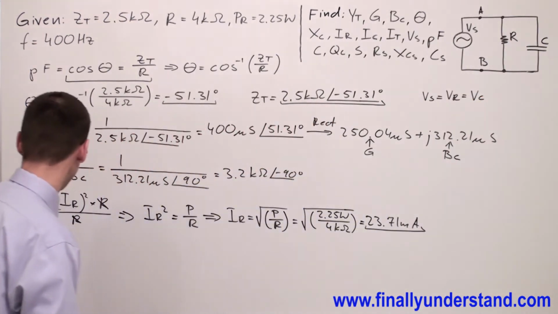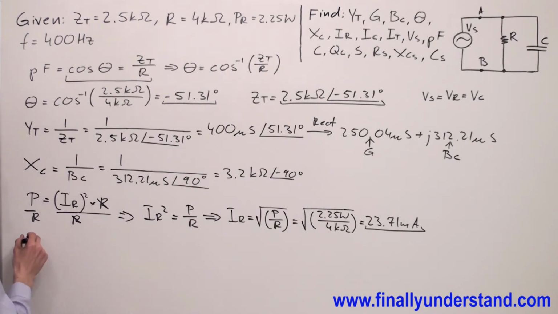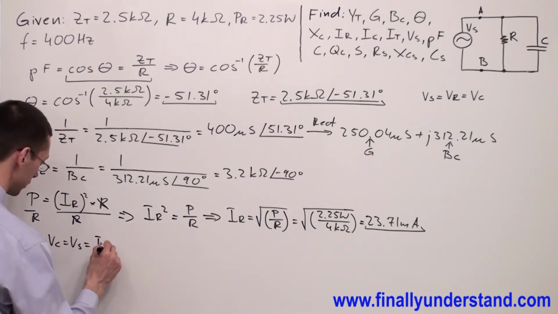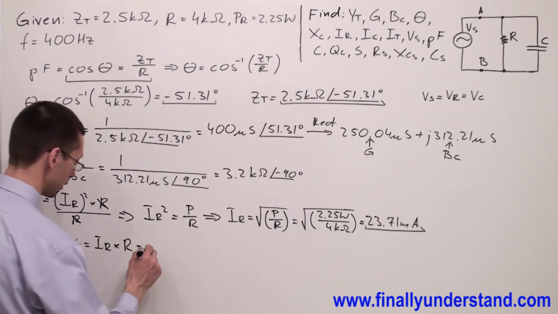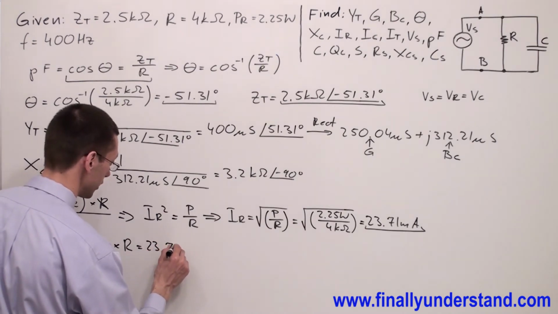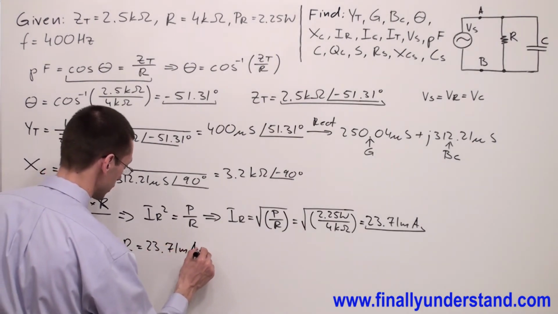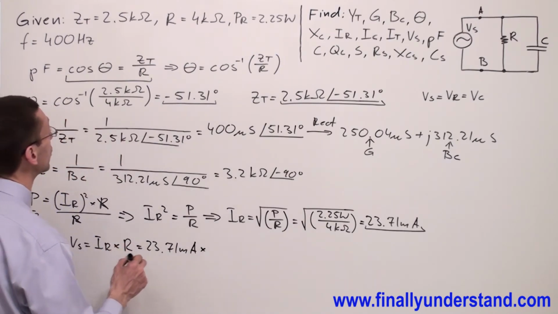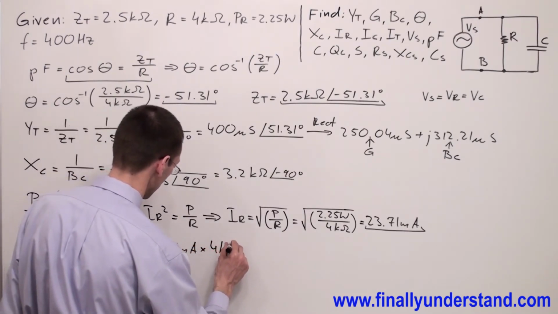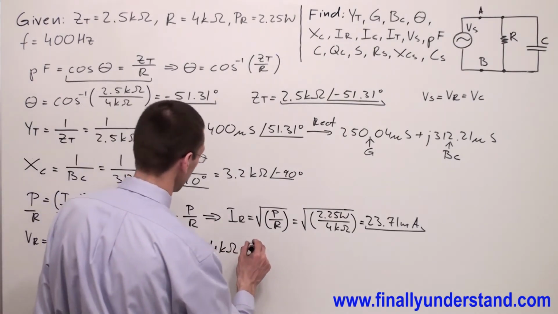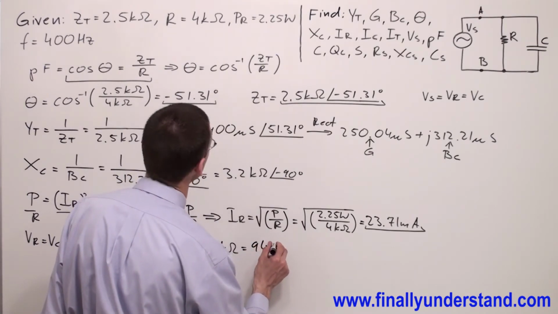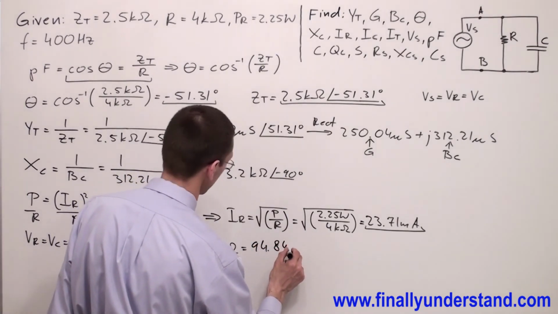So VR is equal to VC is equal to the voltage source, and this is equal to IR times resistance, which is 23.71 milliamps times 4 kilo ohms. This is equal to 94.84 volts.